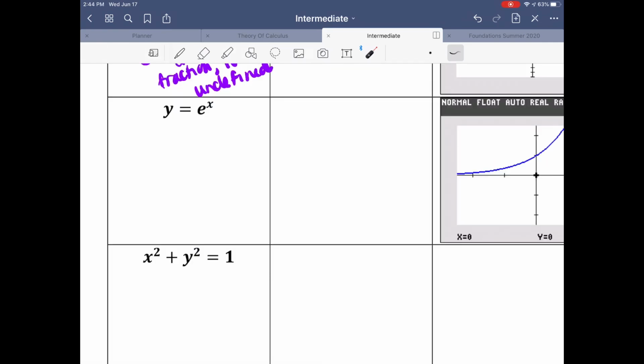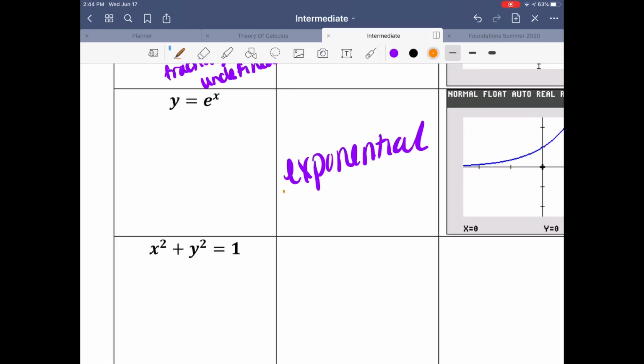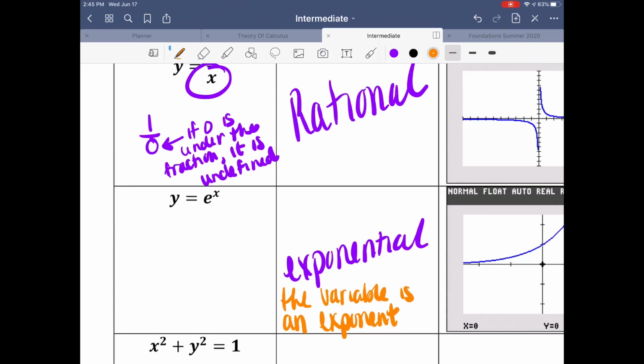This is called an exponential function because the x is an exponent. The variable is an exponent. Up here, the variable is in the denominator.